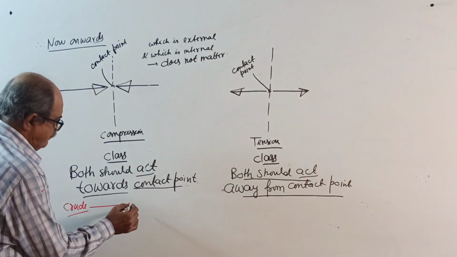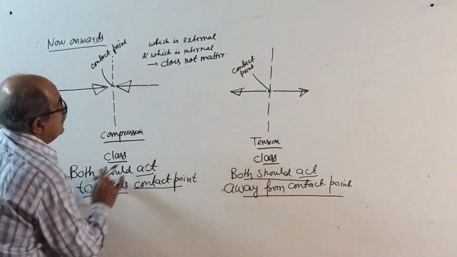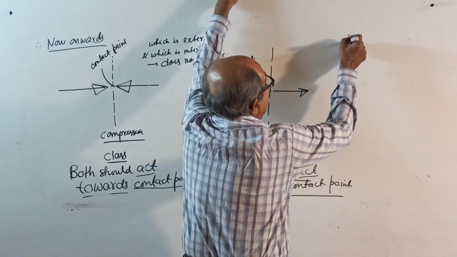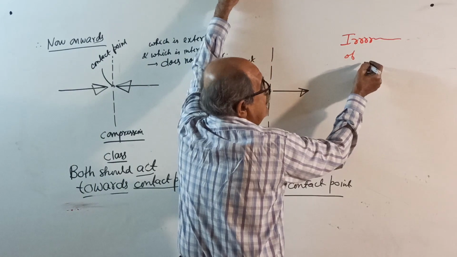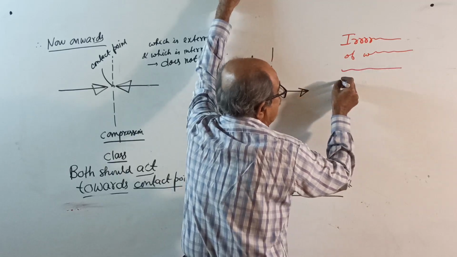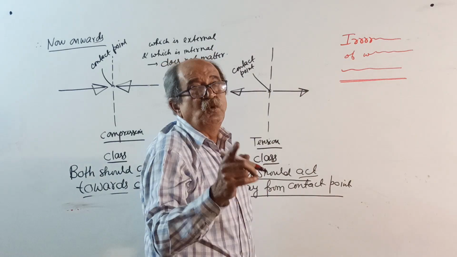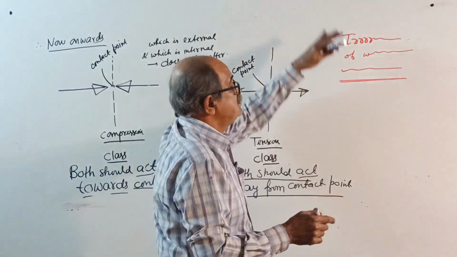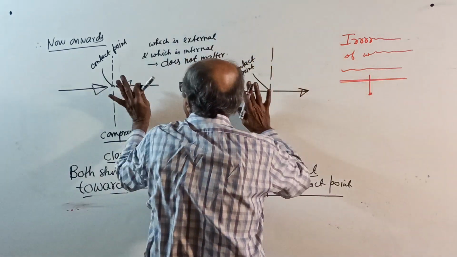I will write common here. Irrespective of which is internal or which is external, if you want to show axial force, compression or tension, use what I already told clearly.